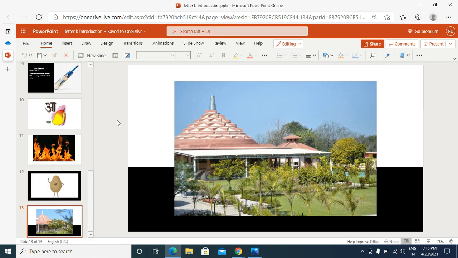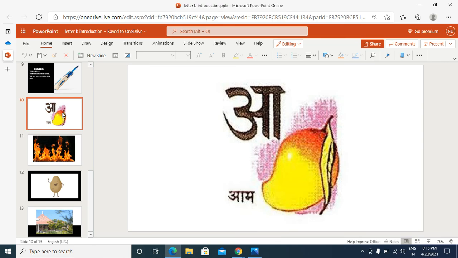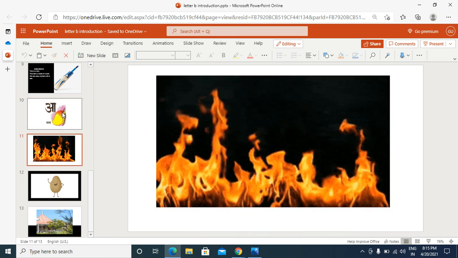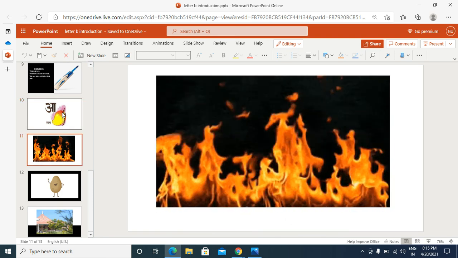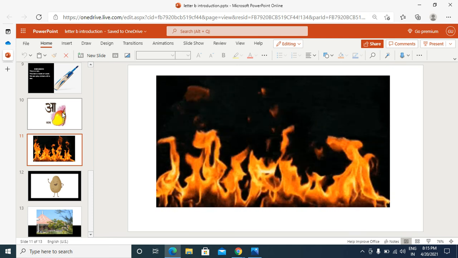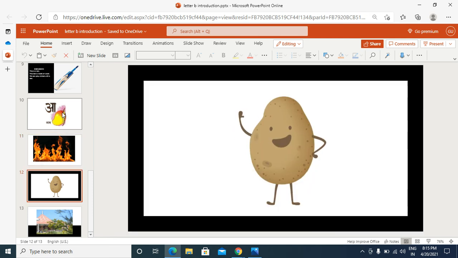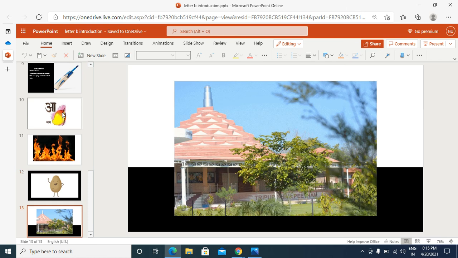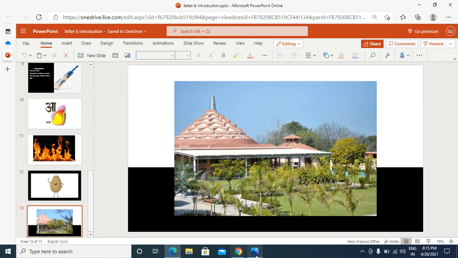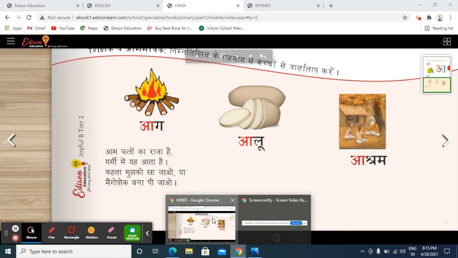Let's revise. A arm. Aag. A आग. A आलू. A ashram.